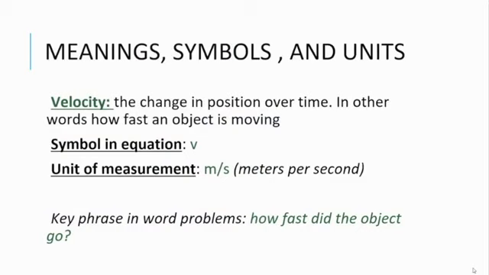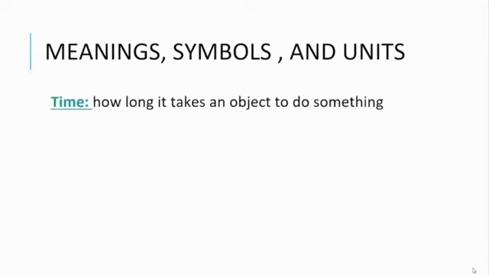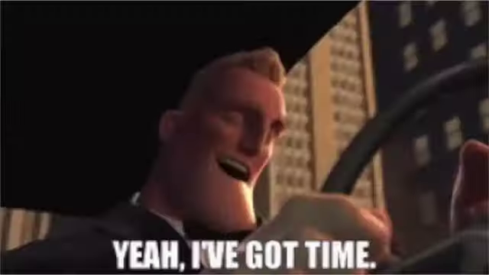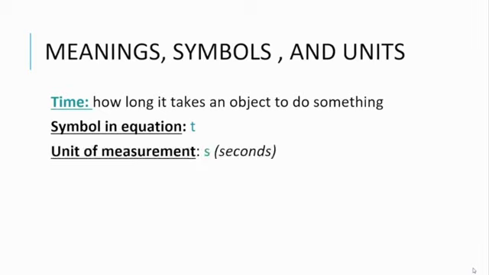The next variable we want to look at is time. When we say time, we're asking how long it takes an object to do something. The symbol for time is just a lowercase t, and the units for time are just seconds. If we're given time in minutes or hours, we're going to need to convert that into seconds.